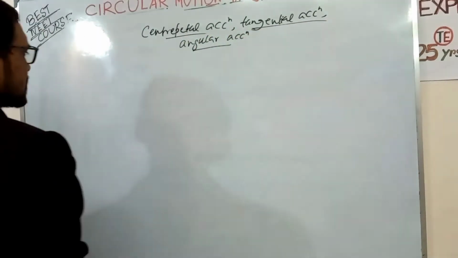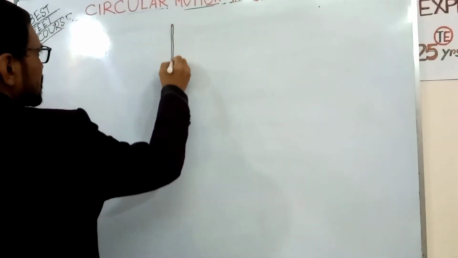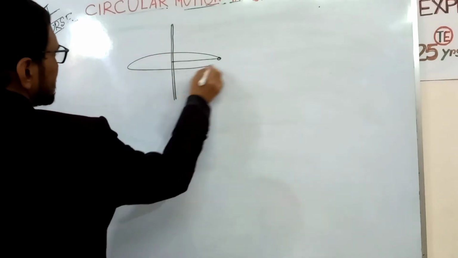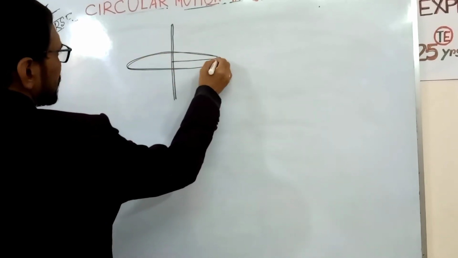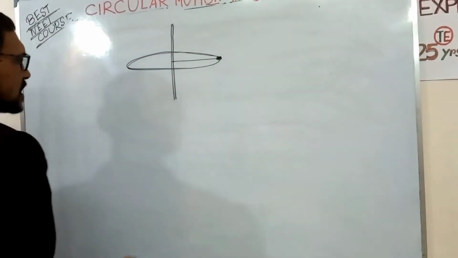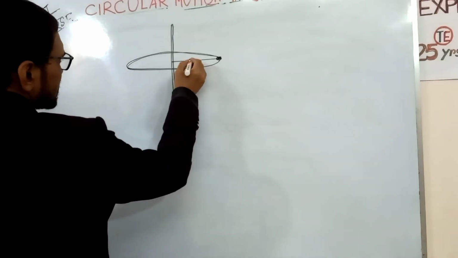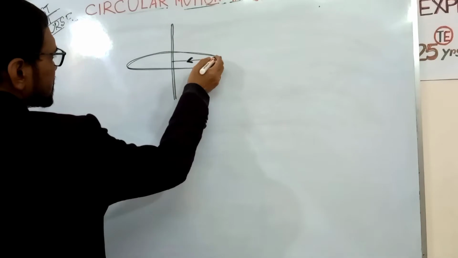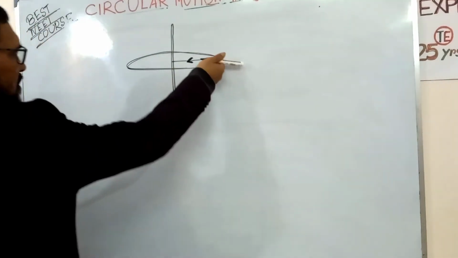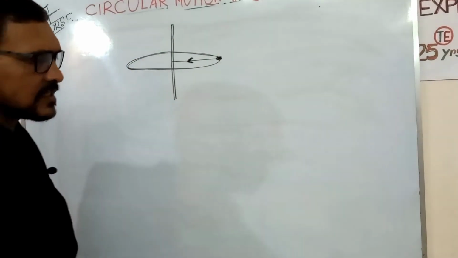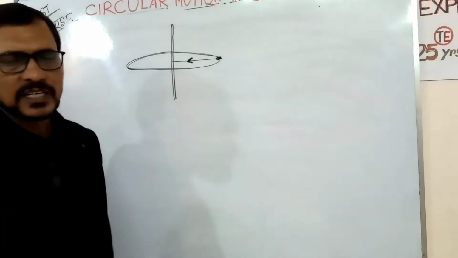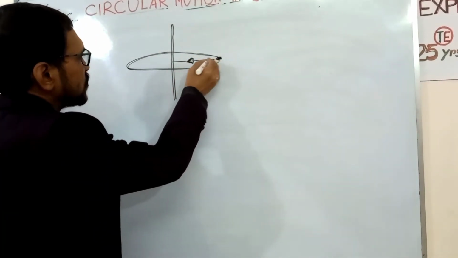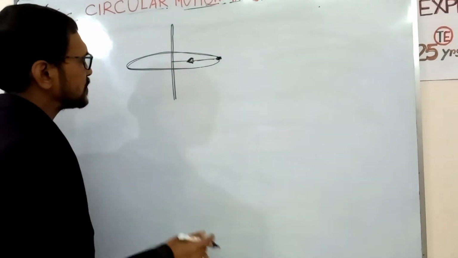So if a body, this is a rod and a stone is tied by string and rotating in a circle, this circle. So first, centripetal acceleration is towards the center. The string is always being pulled towards the center. So the body rotates, so acceleration towards the center is centripetal acceleration.